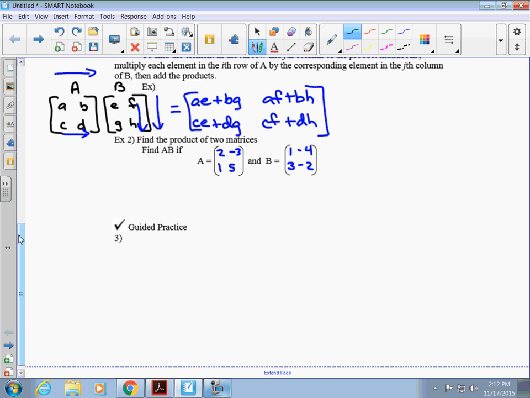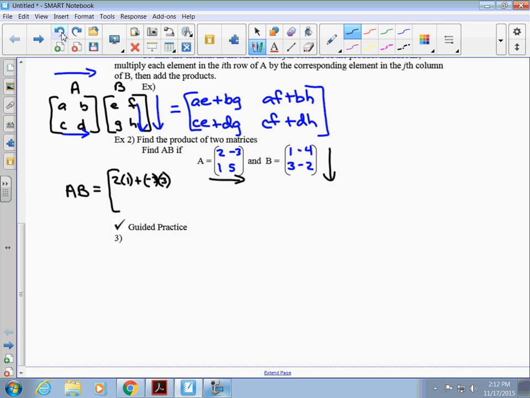Once again, we're always going to go across the rows in matrix A and down the columns in matrix B. So when we go for AB, the product is going to be 2 times 1 plus negative 3 times 3. That's row 1, which is right here, and column 1, which is right here. We're multiplying those two.